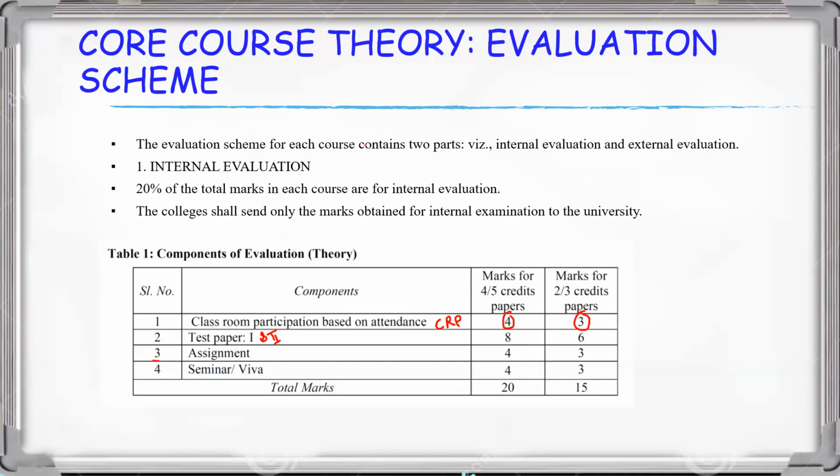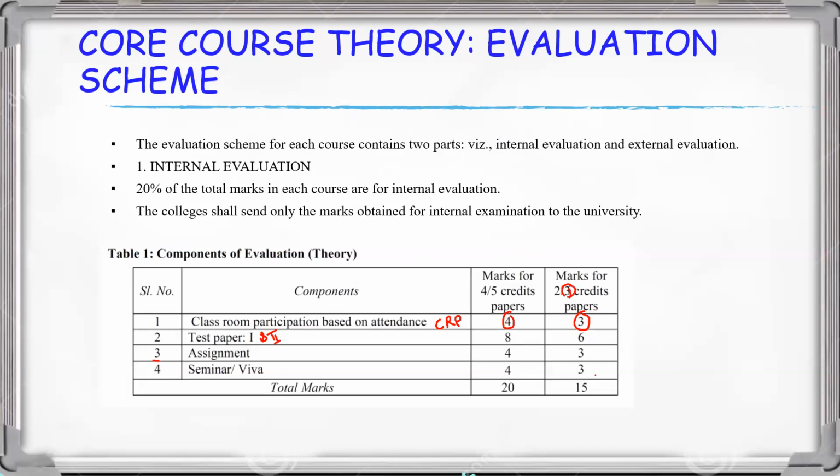The 4 marks or the 3 marks, that is for CRP, that is classroom participation. And in our case, for mechanics first paper, there are 3 credits.